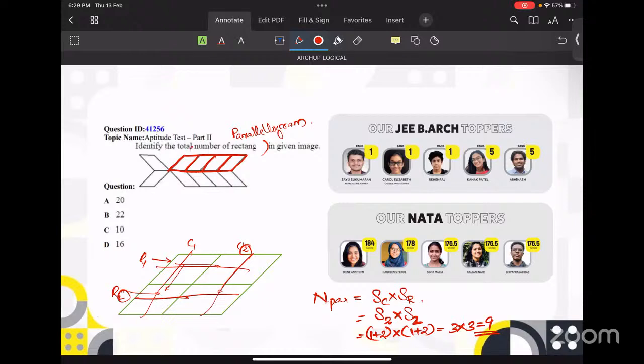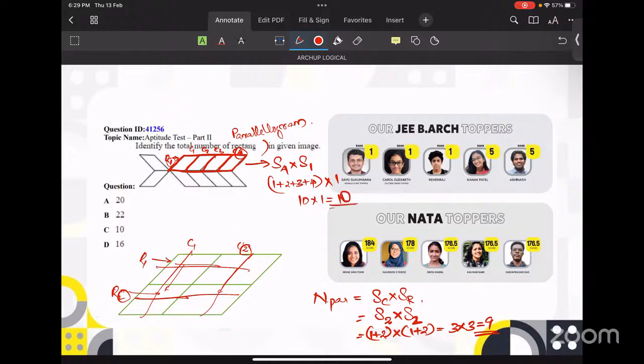Here you can find column 1, column 2, column 3, column 4, and only one row. So we can use the technique. Largest number of columns is 4, sum of 4, and largest number of rows is 1, sum of 1. So sum of 4 is 1 plus 2 plus 3 plus 4, which is 10, into sum of 1, which is 1. So that is 10.